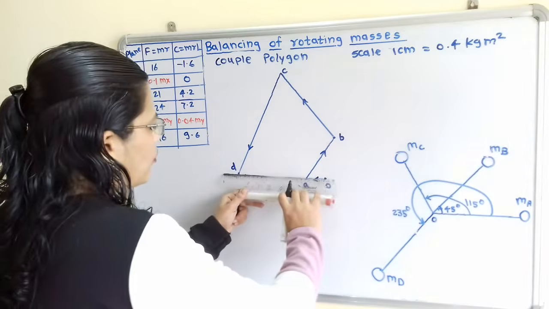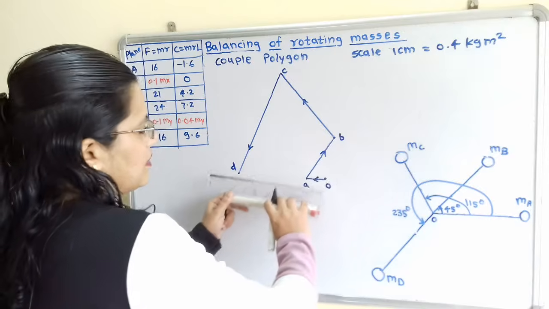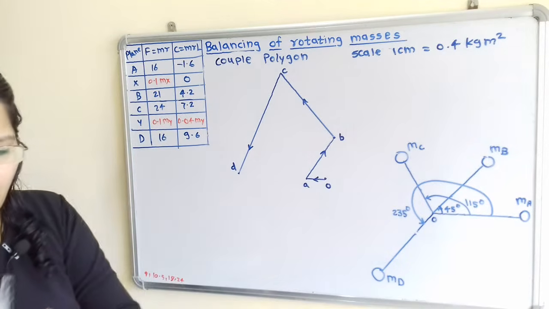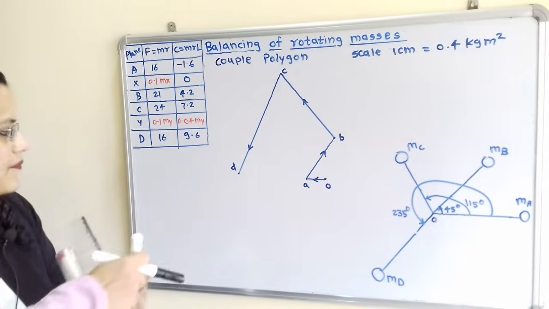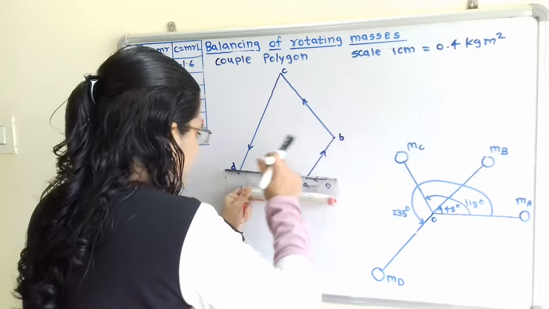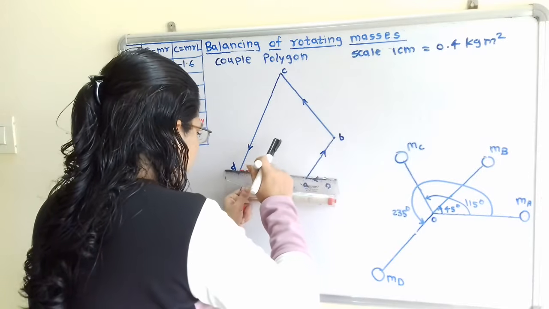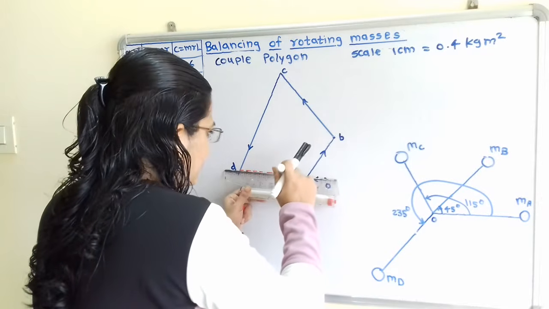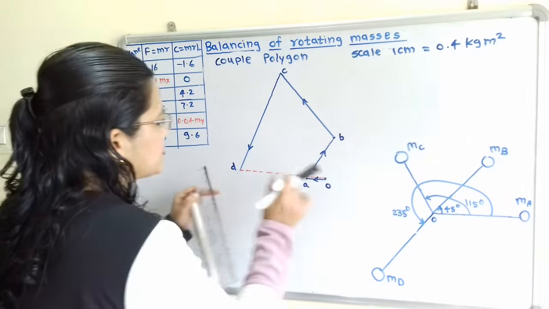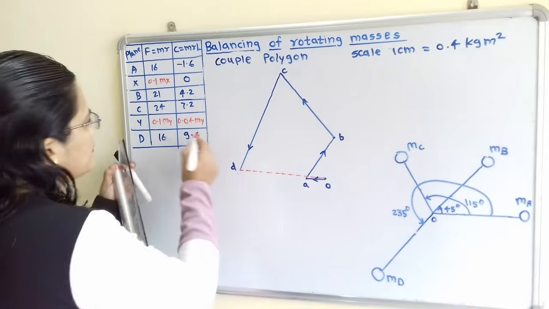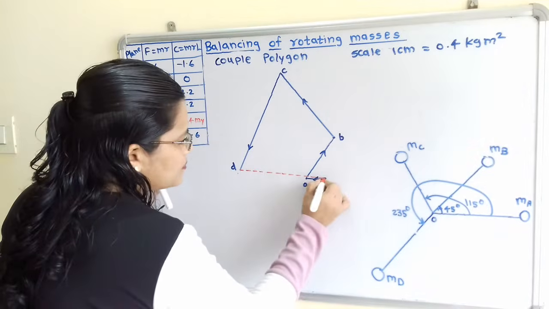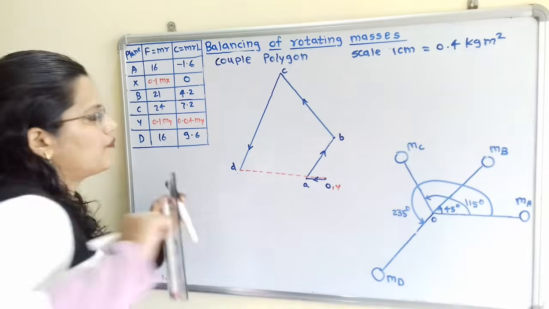Now we have to close these lines, because this couple polygon should be closed, so I will close this line. So here is the last point, because only Y remains, so I will consider this point as point y also.